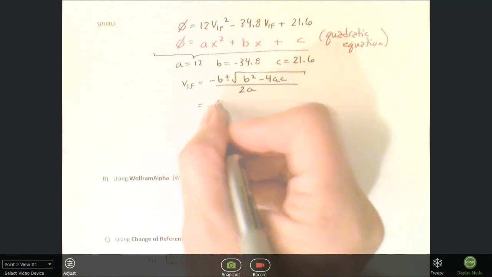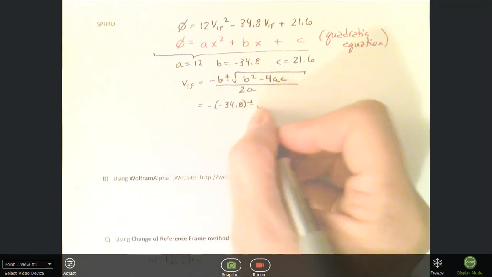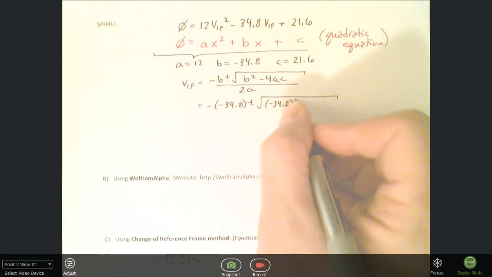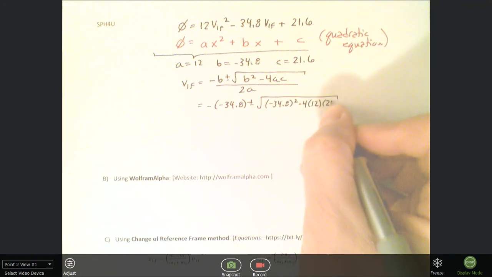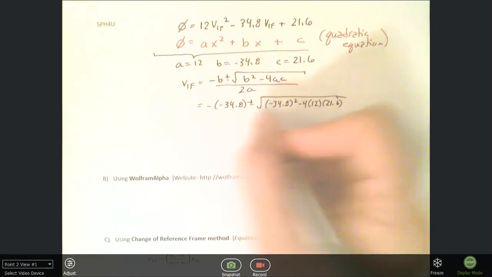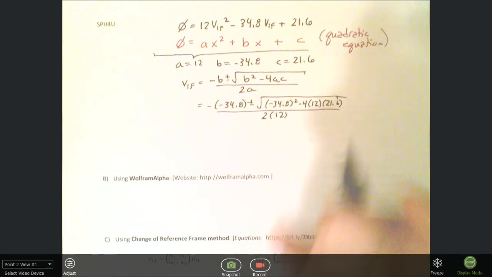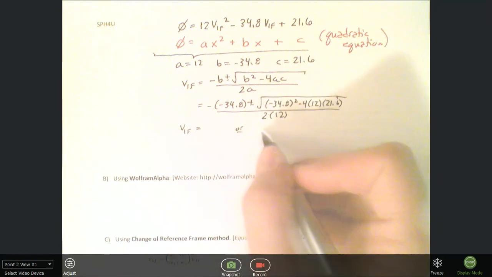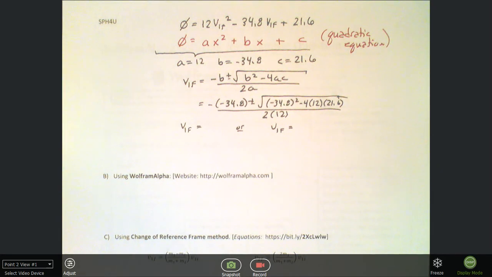And so minus b plus or minus the square root... there you go. So there's two answers. There's two roots. Now you might not be able to use your calculator to figure that out, but I'll give you a little hint.